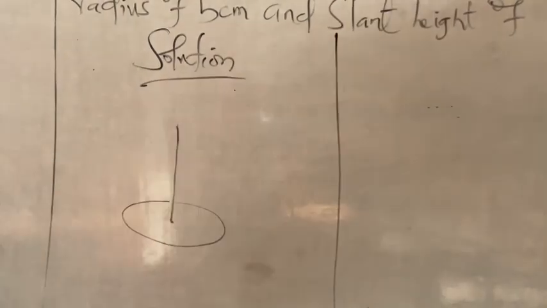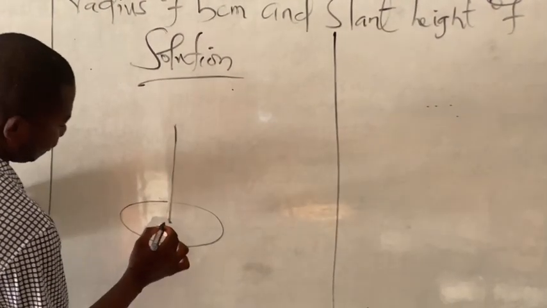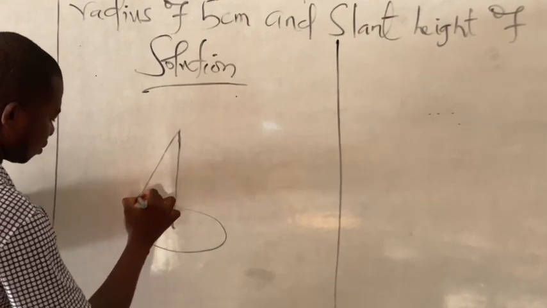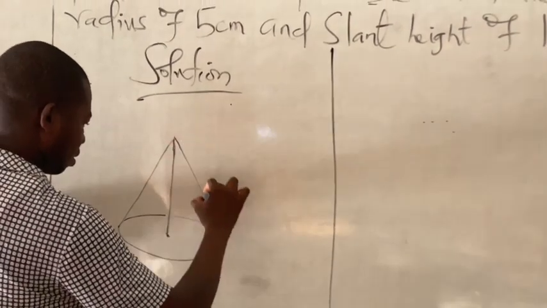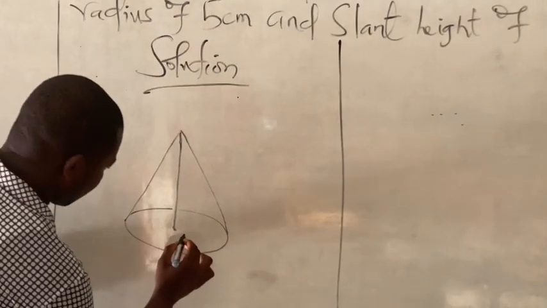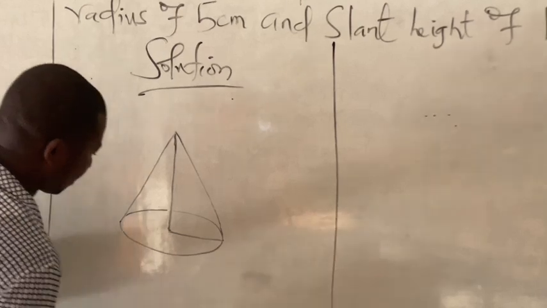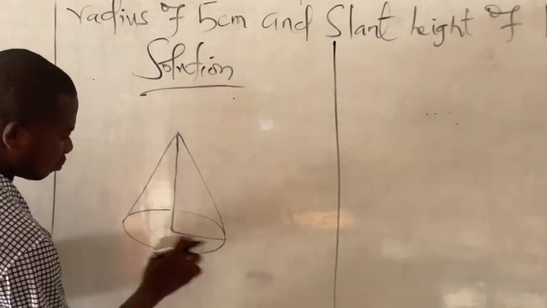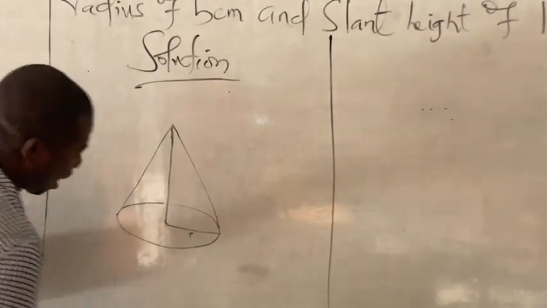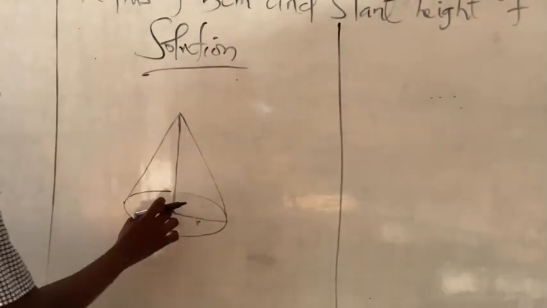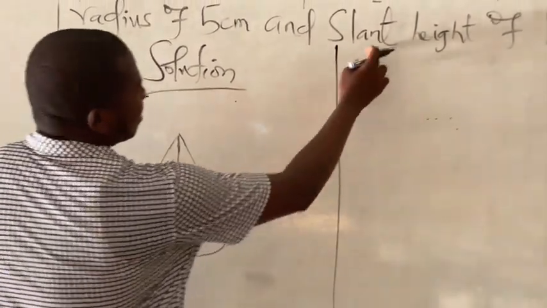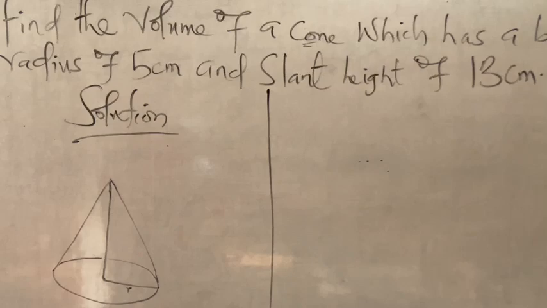This line is what we call the height of the cone. And then I can draw another line from the center of the circle meeting the other side of the circumference. That is the radius r. This is the height of the cone, then this side is what we call the slant height of the cone.